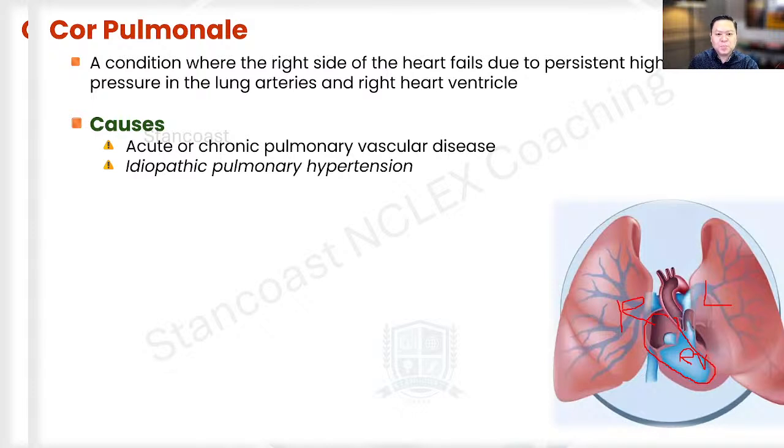This is basically just a fancy name for right-sided heart failure. And this is caused by increasing pressure in the arteries of the lungs that will skyrocket for no apparent reason. And again, it will also lead to strain on the right side of the heart.